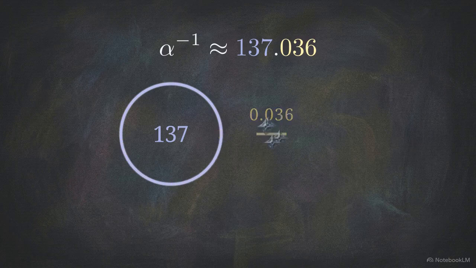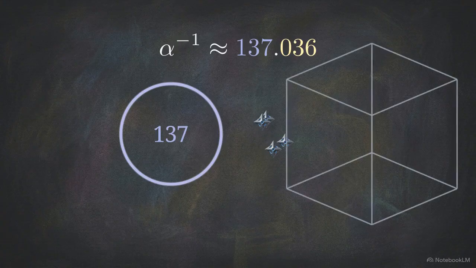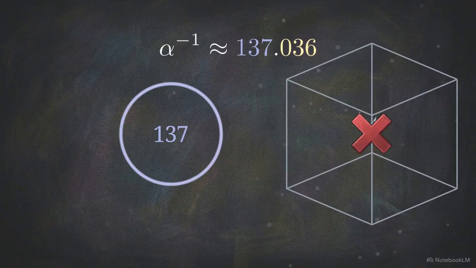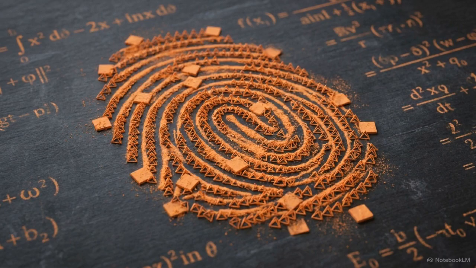The 137 represents a discrete handoff ceiling. The 0.036 remainder is the orphan residue, the signature generated when tetrahedral packing is forced into cubic bookkeeping. The fractional tail of the fine structure constant emerges as the ultimate fingerprint of a coordinate mismatch.